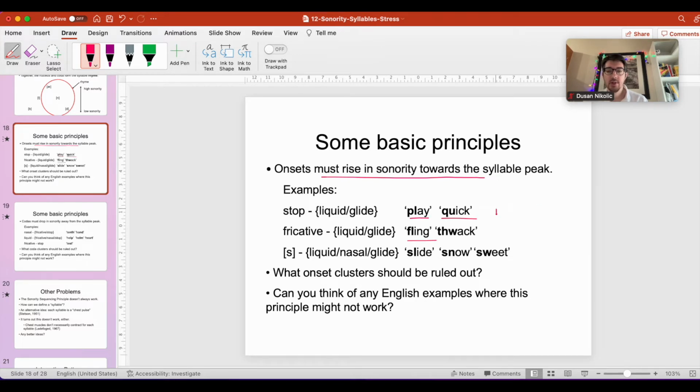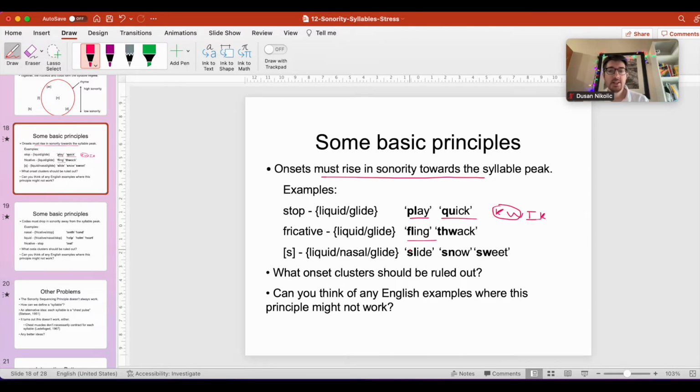So for example, quick would have an onset where K is a stop and W is a glide, so we get a more sonorous consonant. For fling and thwack as well.